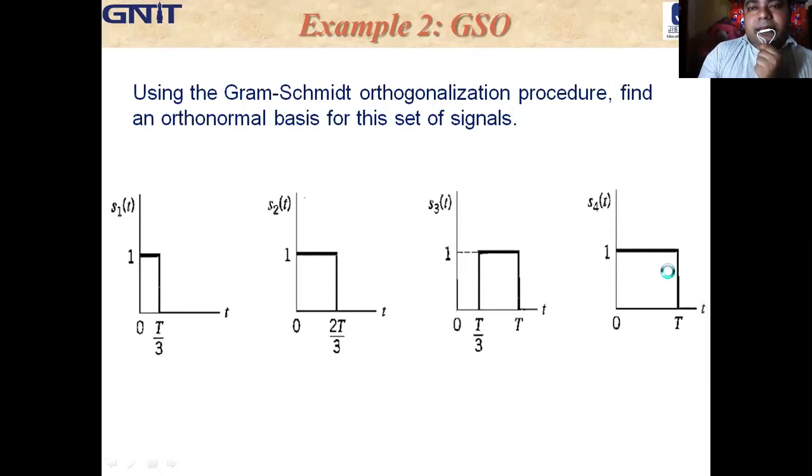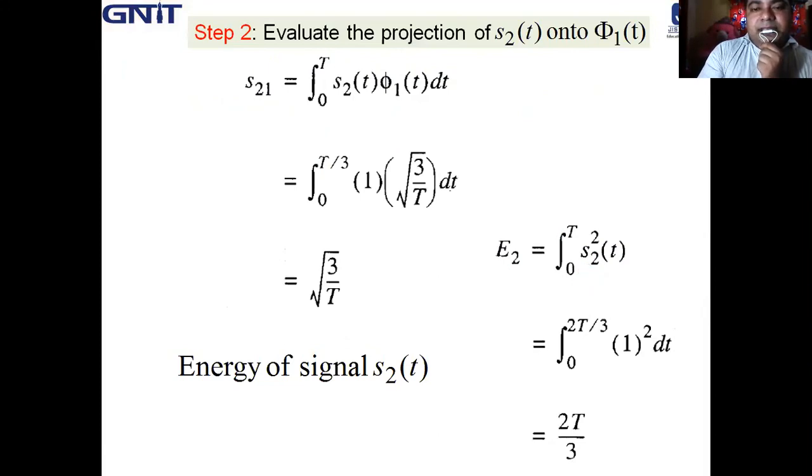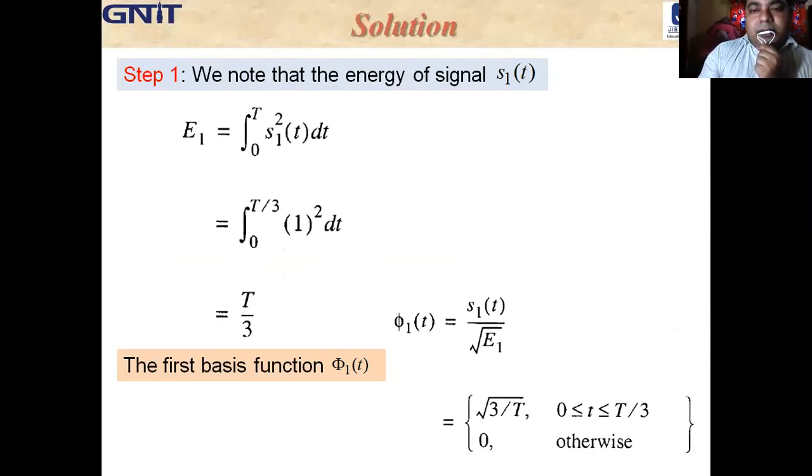So only 3 basis functions are present. The first basis function belongs to 0 to T by 3, and root over 3 by T is the amplitude.